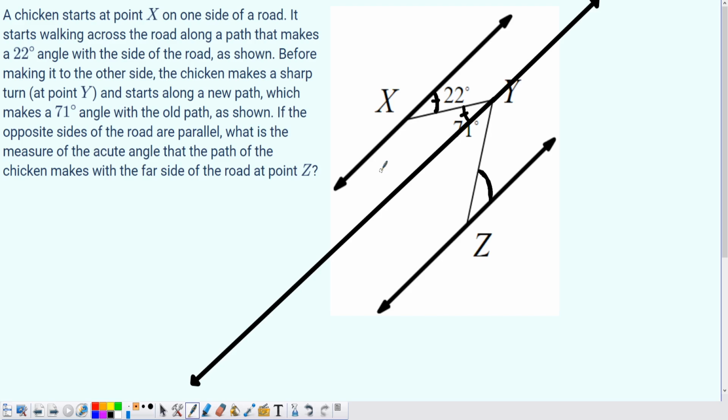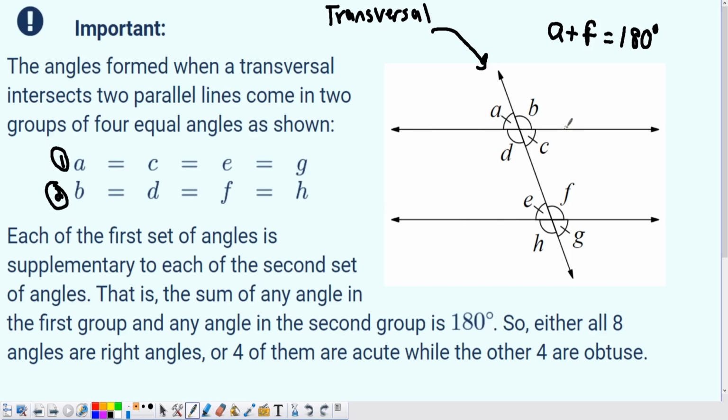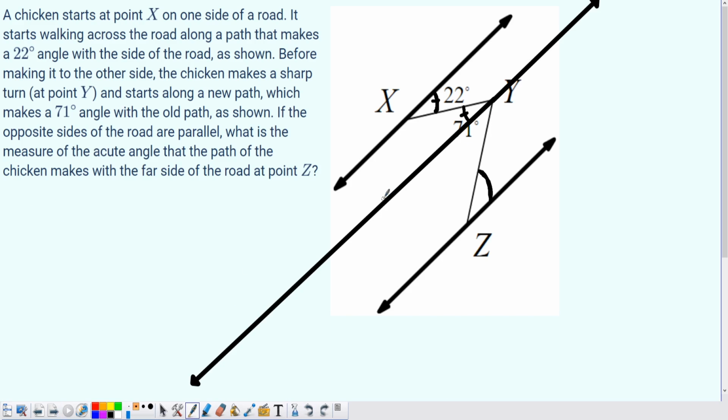Now, this might be kind of hard to recognize, but it is just the same exact problem as here, just in a weird direction. It is just an example of one angle and another inside parallel lines, but on opposite sides of the transversal XY.